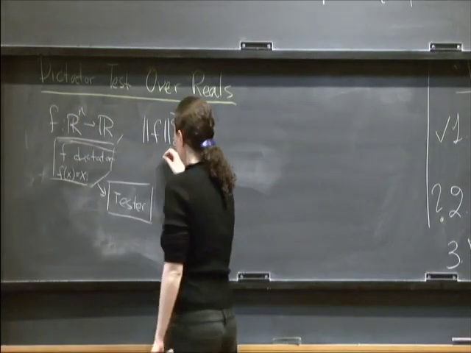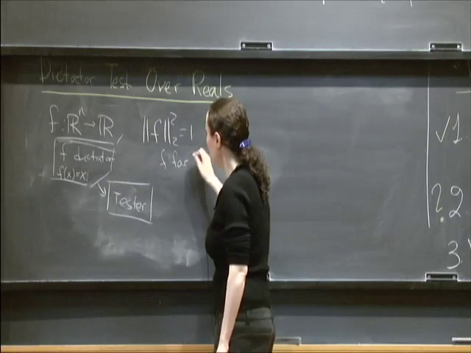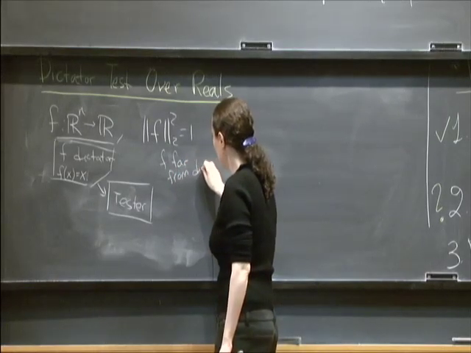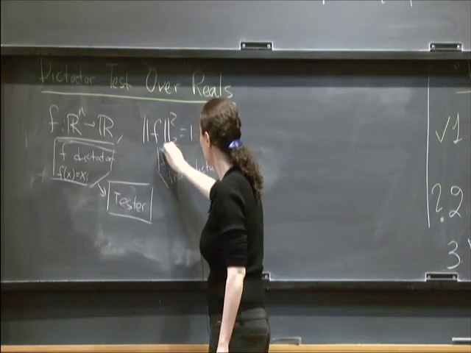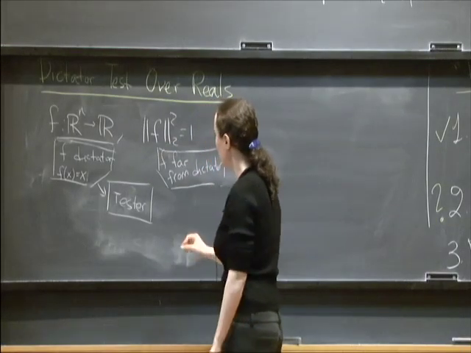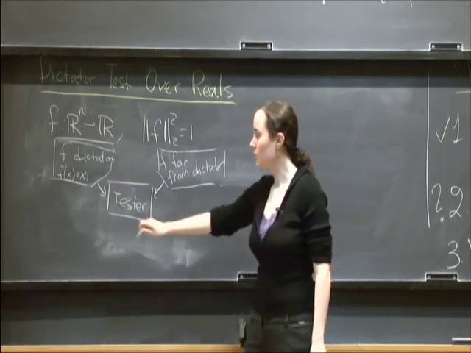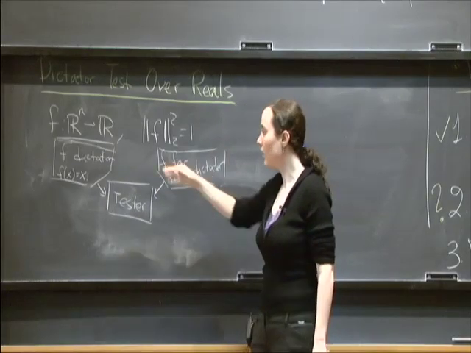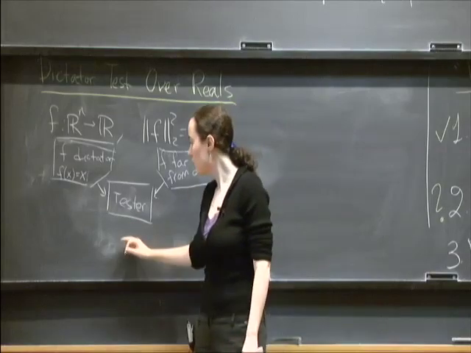And the other option is that maybe f is far from dictator. What exactly far from dictator means, I'll tell you in a minute. So the tester is either given access to a function like this or to a function that is very far from having this structure.